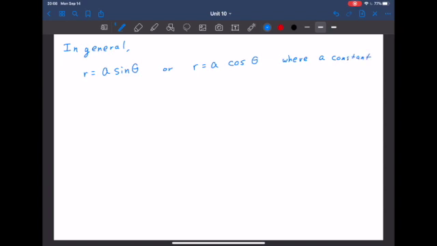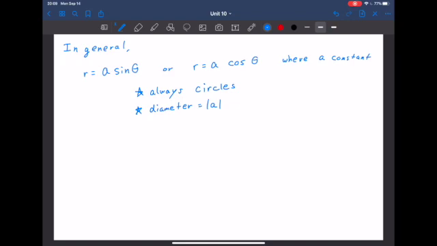A couple of things about these equations. They're always going to be circles, as long as you have a as a constant, and either sine or cosine, with just theta inside. Always circles. The diameter is the absolute value of a. A can be negative. It doesn't change much. It's mostly just how it's rotating.